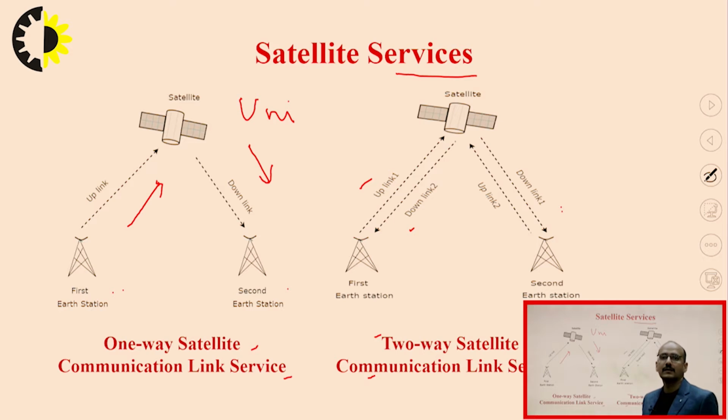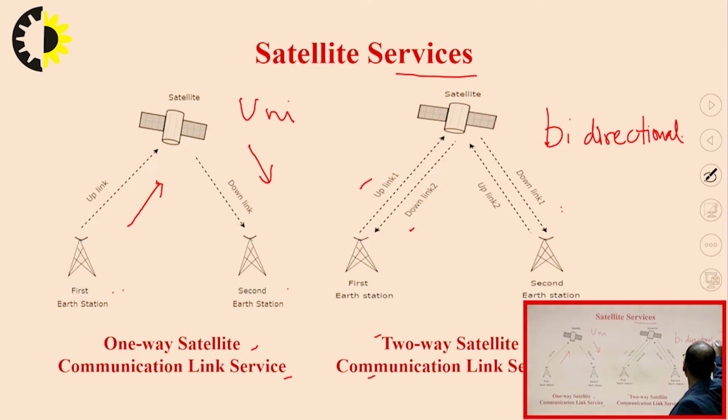It means in the two-way satellite link service, the communication is bidirectional. So this is the first kind of satellite service arrangement: one way, that is unidirectional, and two way, that is bidirectional.